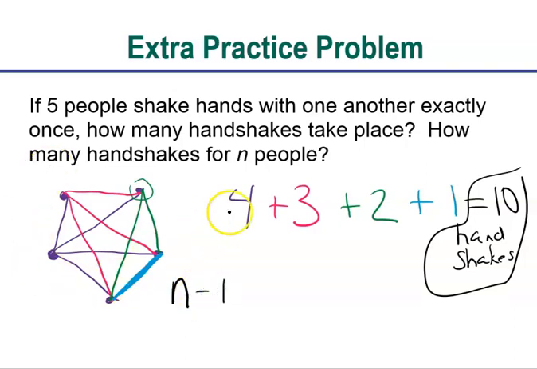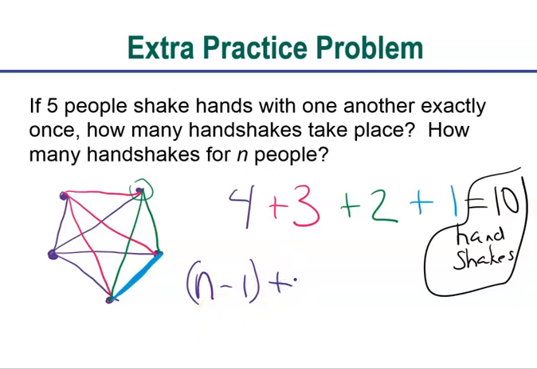Because if there was 5, my first number I added was 4. Let's keep our colors. So our 4 compares to N minus 1 when you're dealing with N, right? Because 5 minus 1 is 4. If we had 10 people, it would be 9. If you had 100 people, it would be 99, okay?